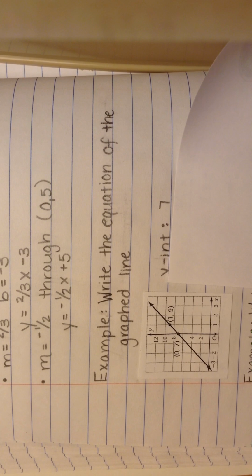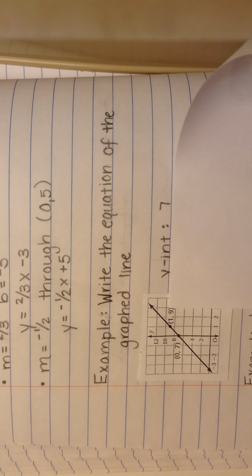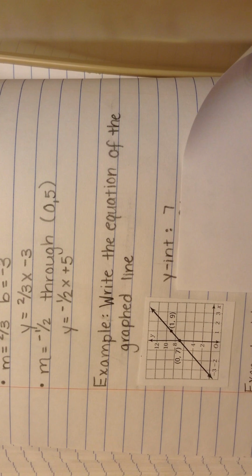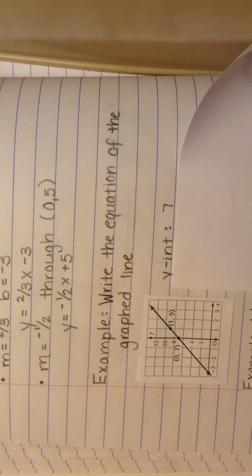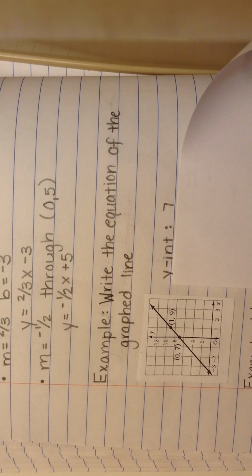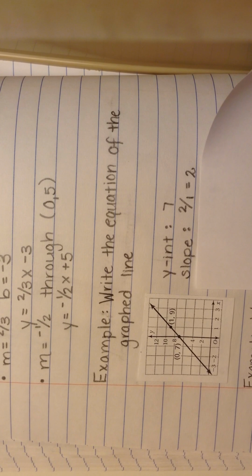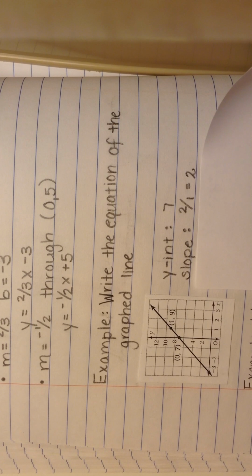Then we need to think about our slope. Our slope between (0, 7) and (1, 9). Well, to go from 7 to 9, that means I had to go up 2. And to go from 0 to 1, I went right 1. So our slope is 2 over 1, or 2.